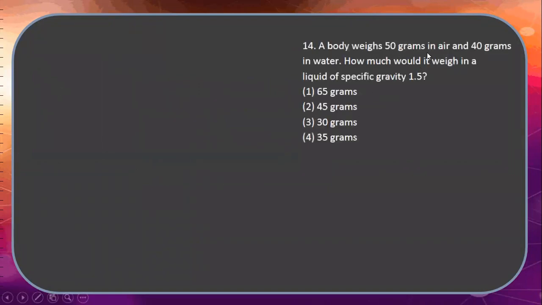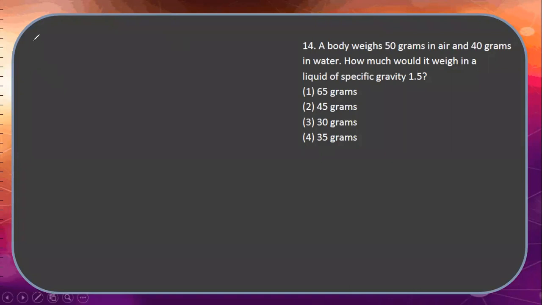A body weighs 50 grams in air and 40 grams in water. How much would it weigh in a liquid of specific gravity 1.5? Specific gravity or relative density, both will be the same.